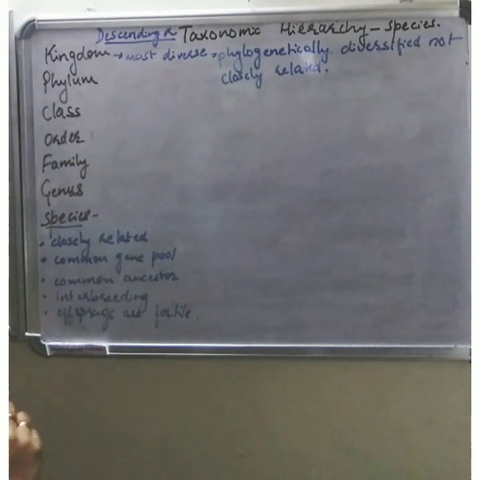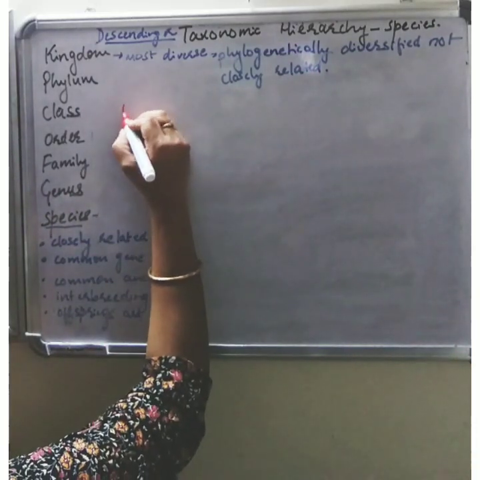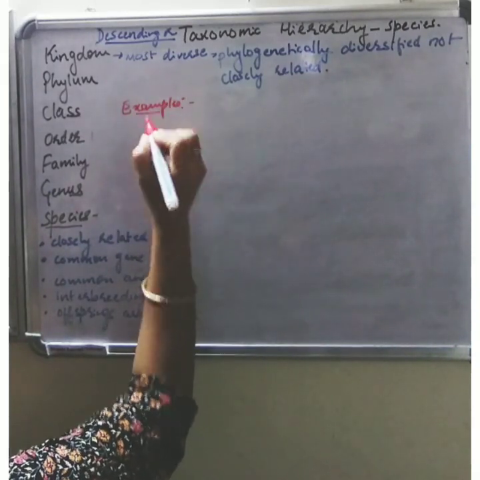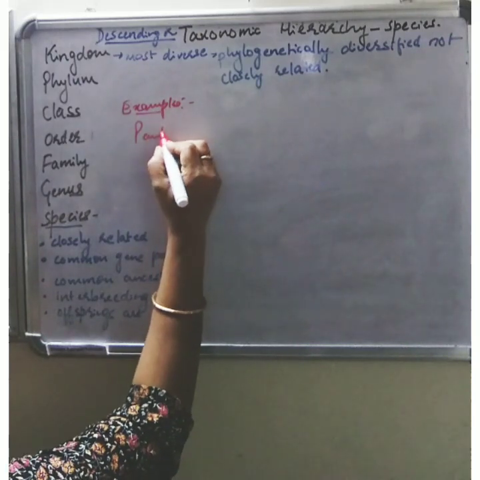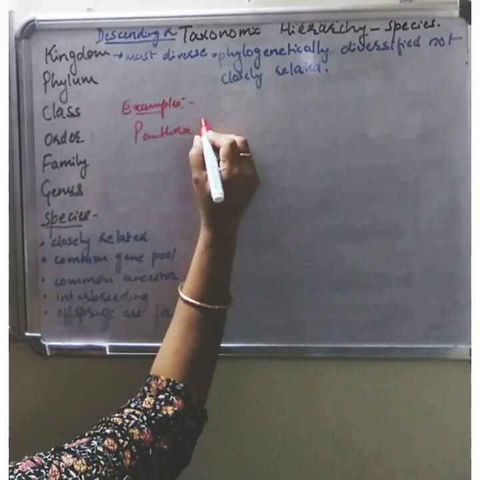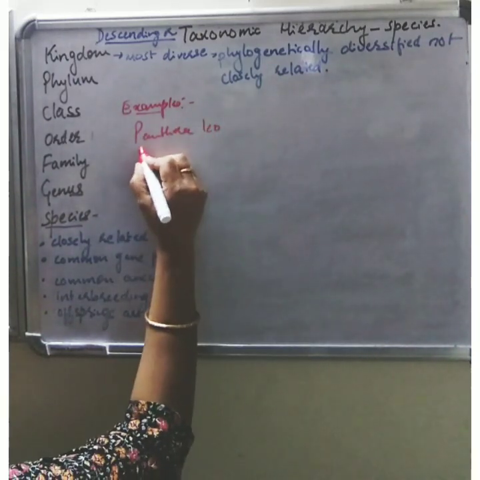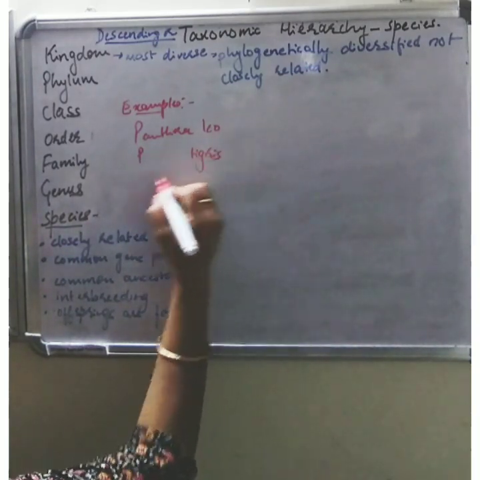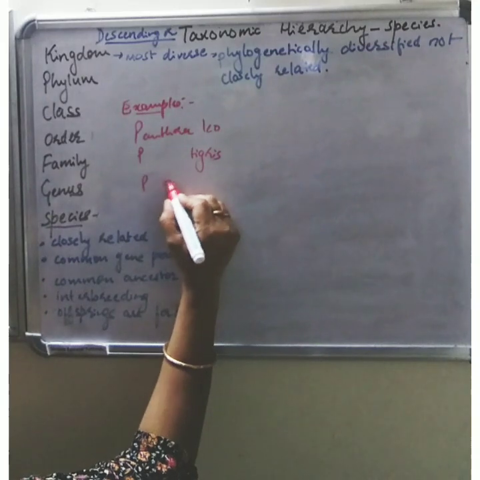Now coming to some more examples of species. Examples: Panthera leo, Panthera tigris, Panthera pardus.